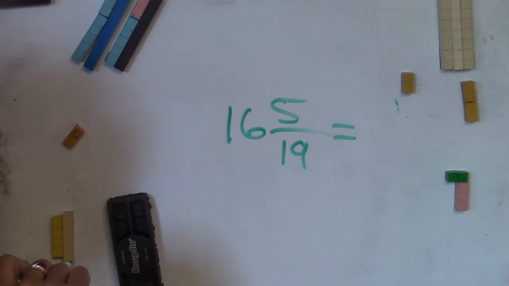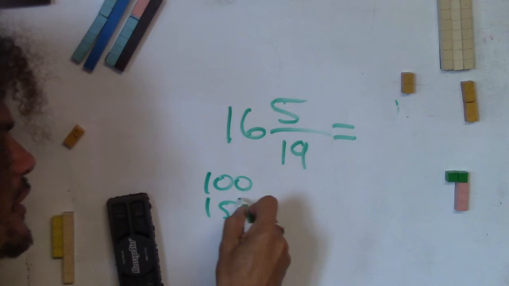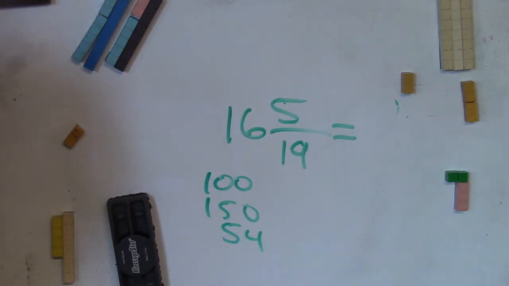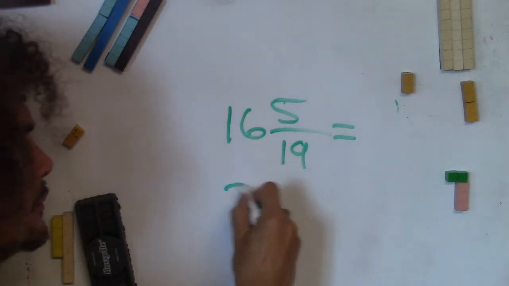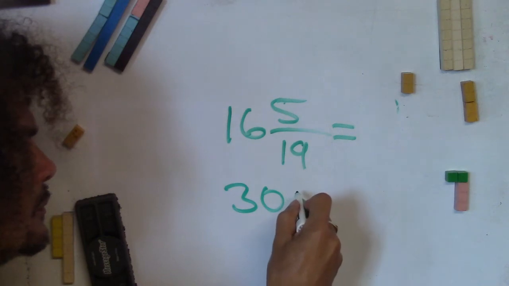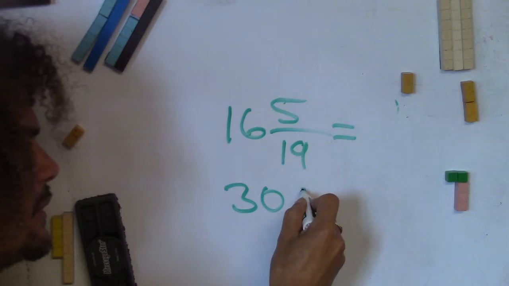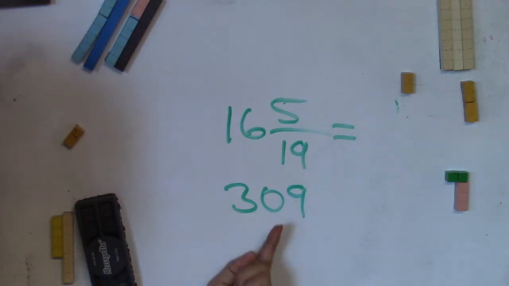What do you think? I think you're right. I think I'm gonna have 100. I think I'm gonna have 150, and I think I'm gonna have 54. Which equals 304. And then we add the 5, and what do we get? 309. Well, we're at 304, and 5 more is 309, right?